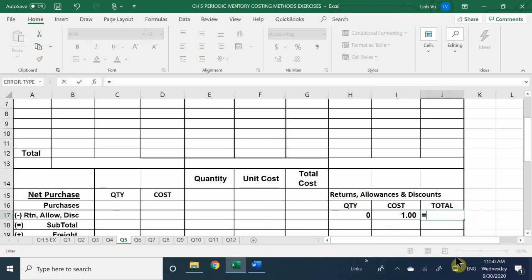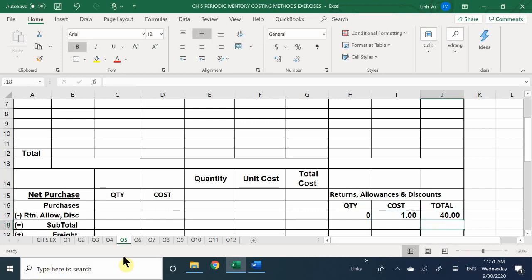Now I'm going to multiply it by the 200 items that I'm attempting to return and then apply the 20% discount. That gives me a grand total of $40. So that is $1 times 200, and we take 20% of that to give us a $40 refund.